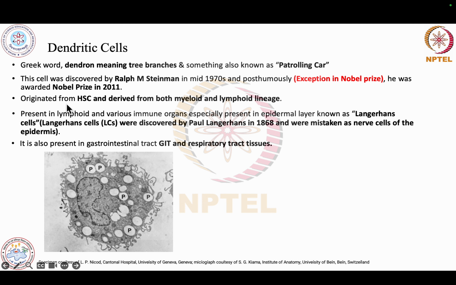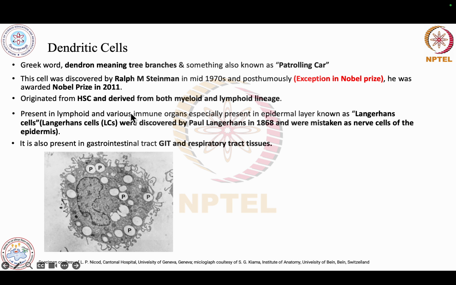They originate from hematopoietic stem cells and are derived from both myeloid and lymphoid lineage. Dendritic cell is the only cell which is derived from both myeloid and lymphoid lineage.